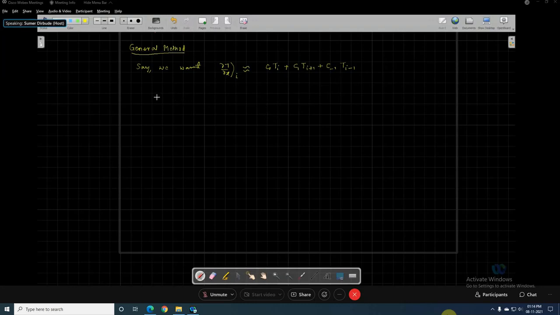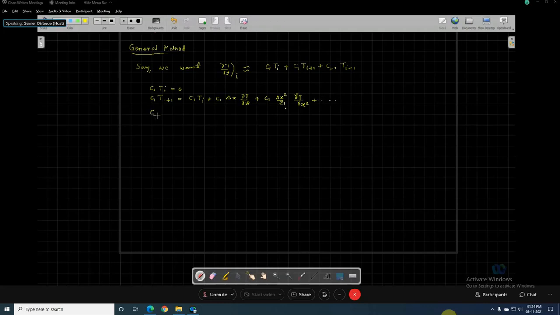Now, C1 T I plus 1 is C1 T I plus C1 delta x del t del x at I plus C1 delta x square by 2 factorial del 2 t del x2.